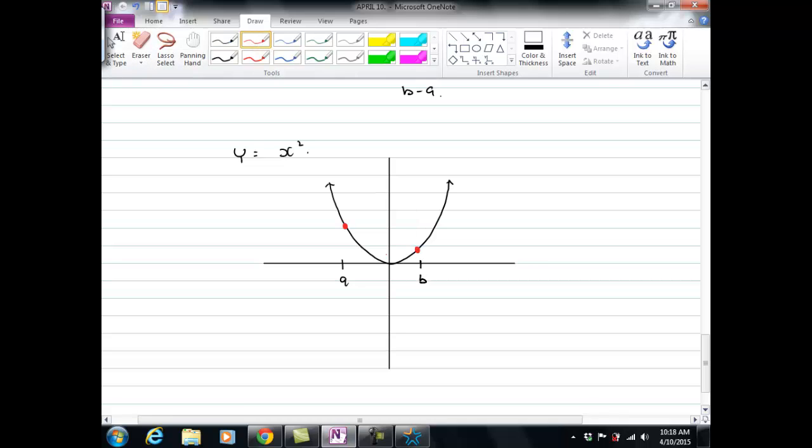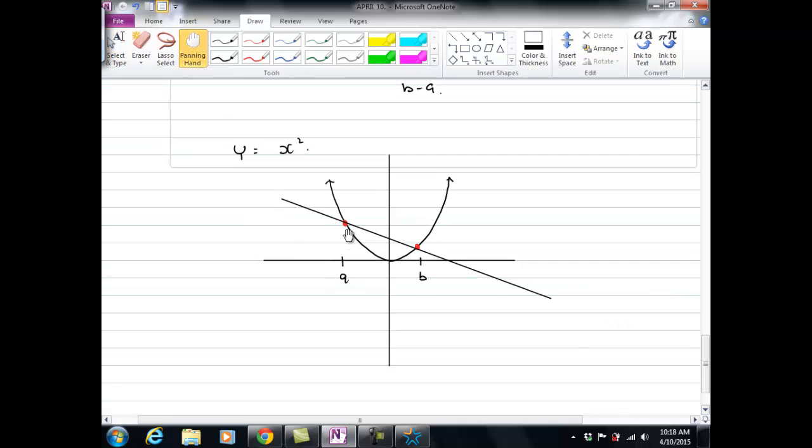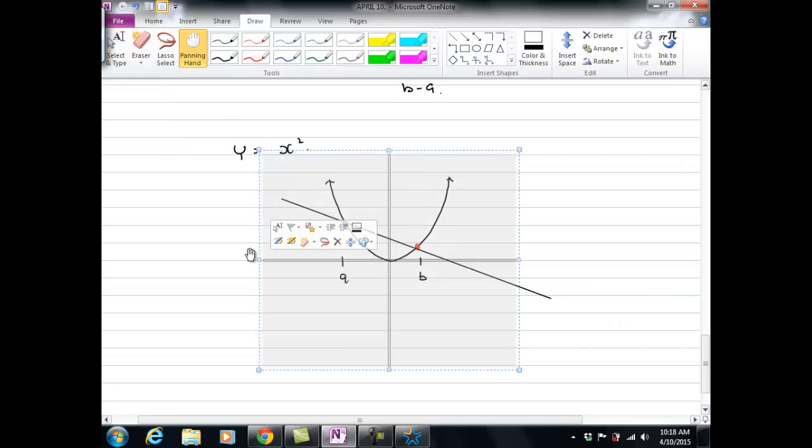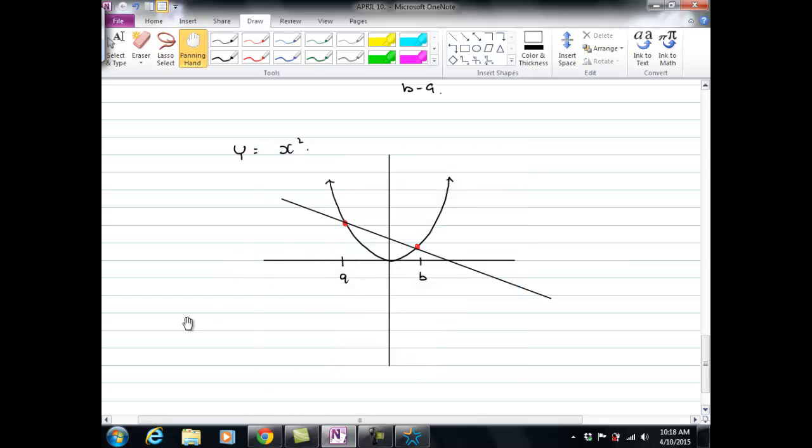Okay, what this is saying is this. If I were to draw a secant line, connect all the way through, what the mean value theorem says is this: there's a point somewhere in between a and b such that the slope of the tangent line will be parallel to this line.